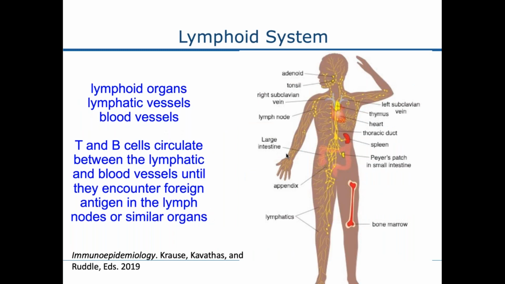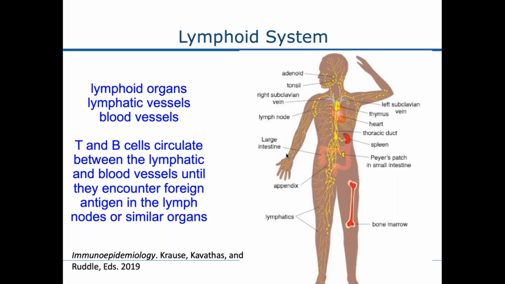Actually, the lymphoid system is composed of lymphatic vessels, which are all throughout your body. In yellow, you see the vessels, and then the little yellow circles that connect the vessels are lymph nodes. You can see they're under your arm, they're around your neck, they're in your gut area, they're really throughout your body.